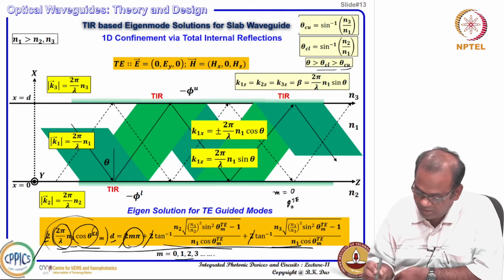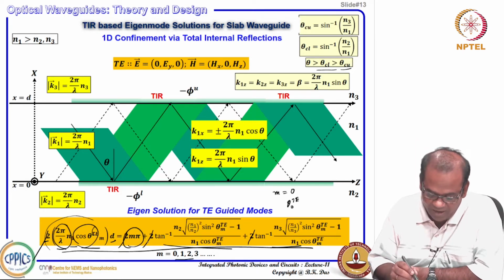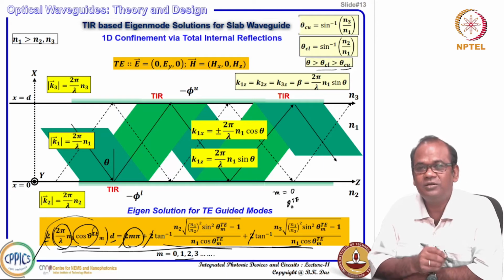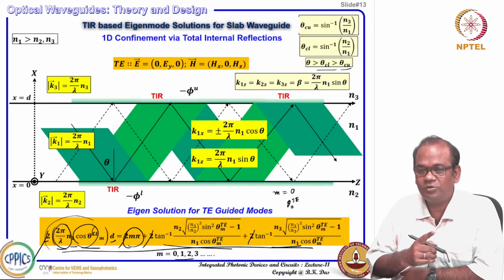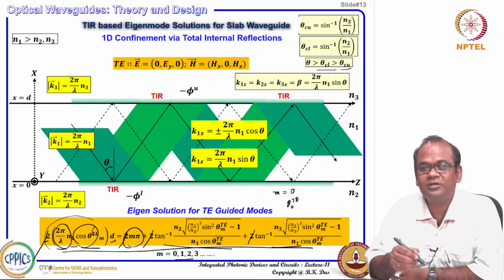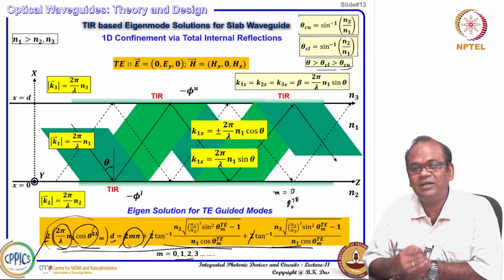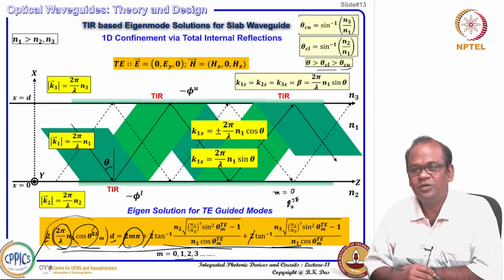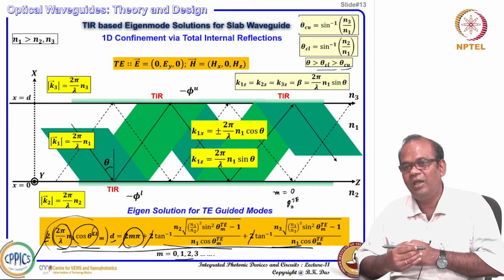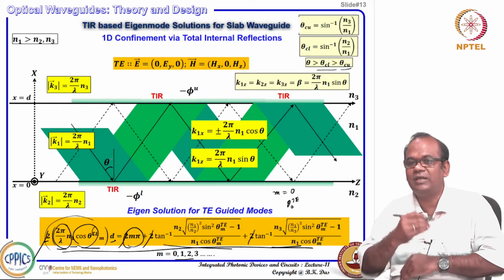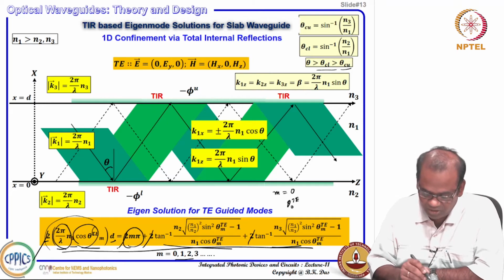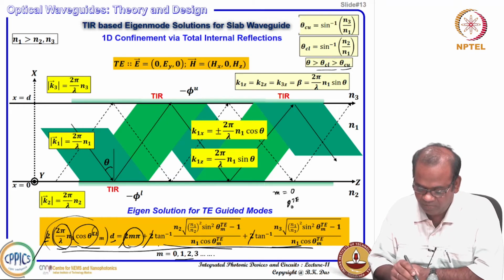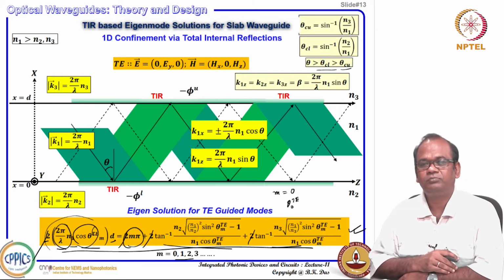So, that condition gives this one, and from it we find that the theta value is now discretized. So, not all theta values will give you a standing wave pattern along the x direction, and you will not see any confinement along x direction for all theta values. Only discrete solutions for m equal to 0, 1, 2, 3, using this equation, you can get.